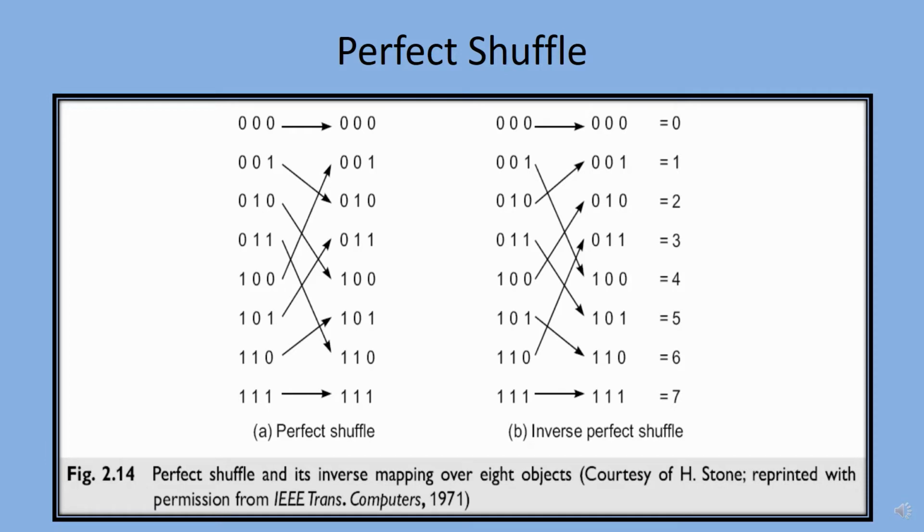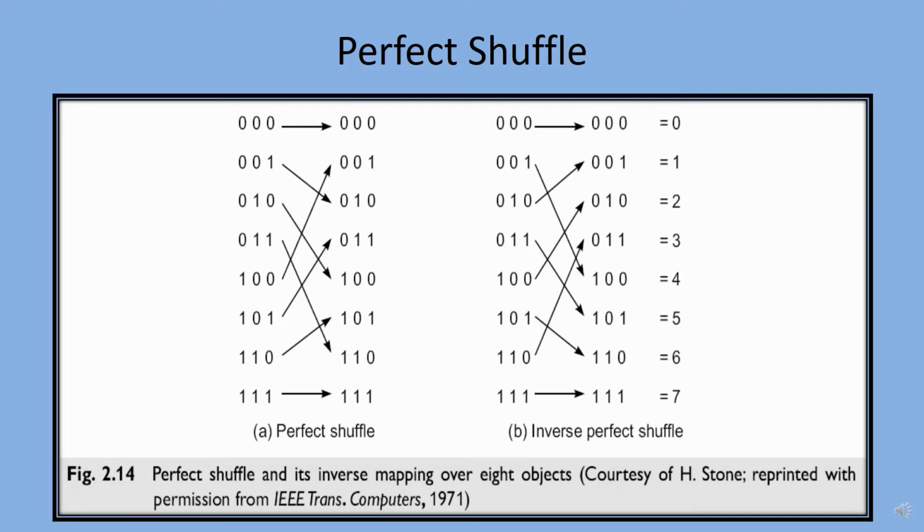This example is for the perfect shuffle. Now the bit representation 000, when it is left shifted by 1 bit, will be 000 only. So the mapping will be from 000 to 000.